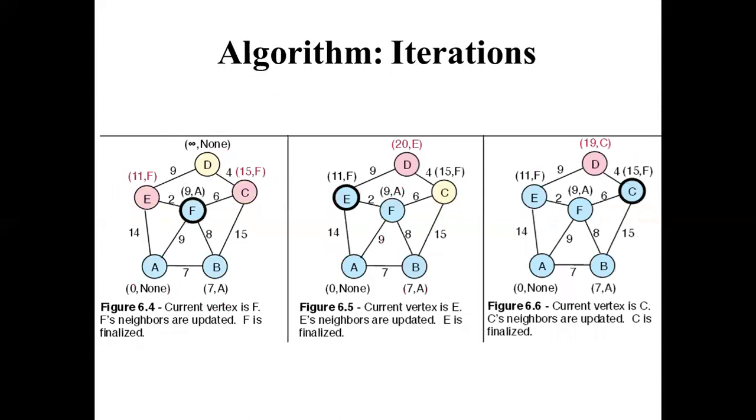iteration. The next iteration tells us that if we prefer going from node F to node E, the cost of reaching E becomes 11. Earlier, when we tried to reach from A to E, the cost was 14.